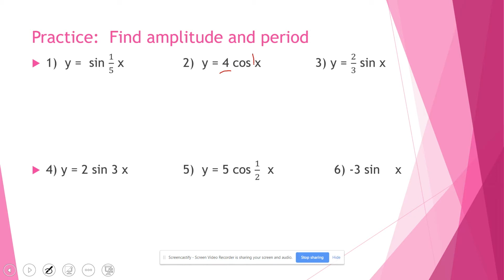A and B. So our amplitude is the absolute value of 4, which is 4. And our period is 2 pi over B. B is 1. So 2 pi over 1 is 2 pi.